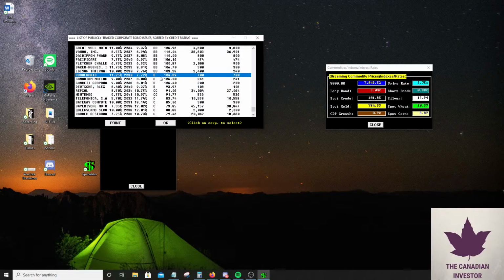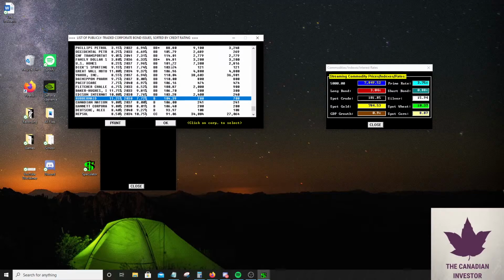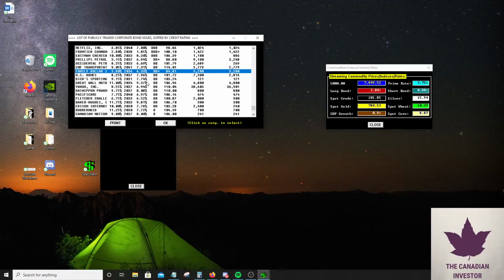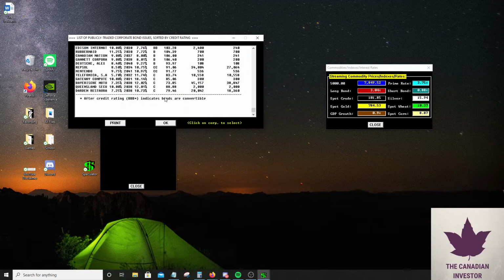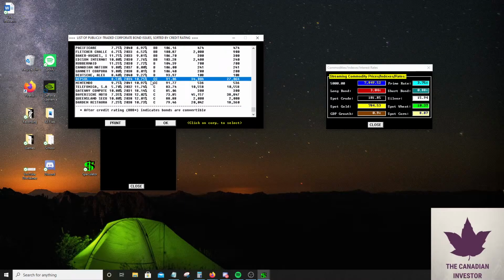2030. Right here, 2036. Family Dollar. Are there any other junk ones I can buy that would make a lot? Double C. This one, Dutch Alex, Repsol.